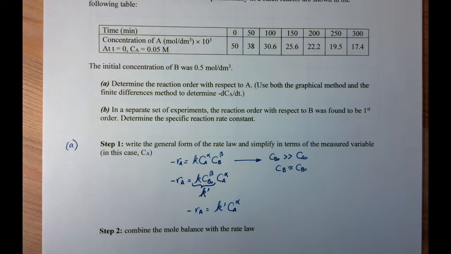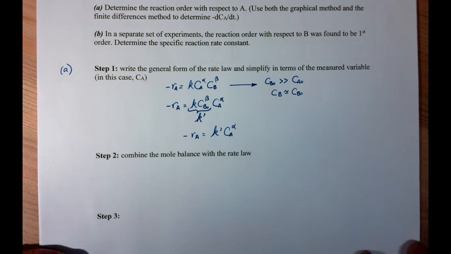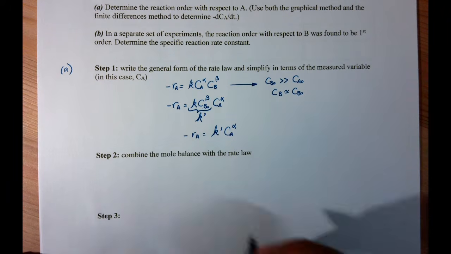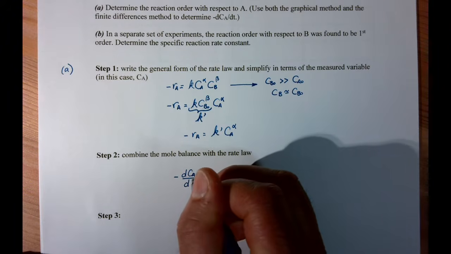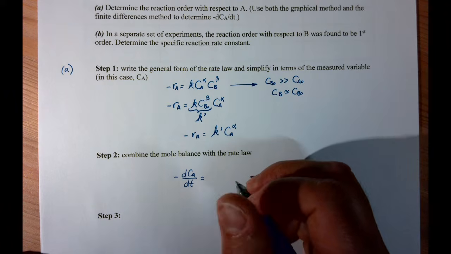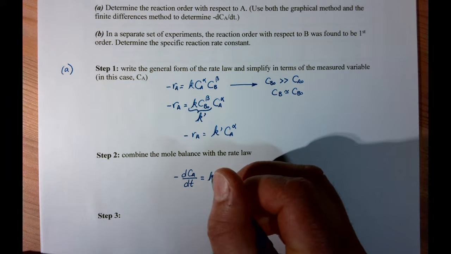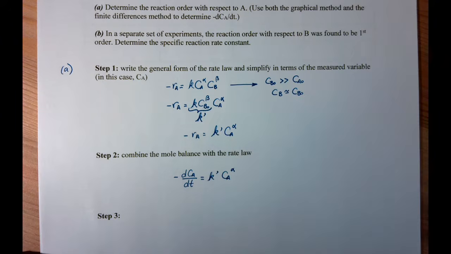And now I can follow all the same steps that I followed in the notes. So our next step is to combine the mole balance with the rate law. So negative dCA dt is equal to negative Ra, which is equal to K prime times Ca to the power of alpha.